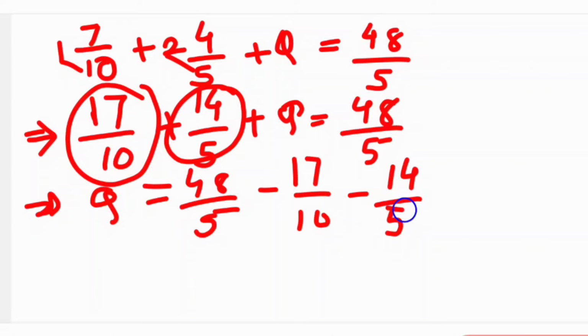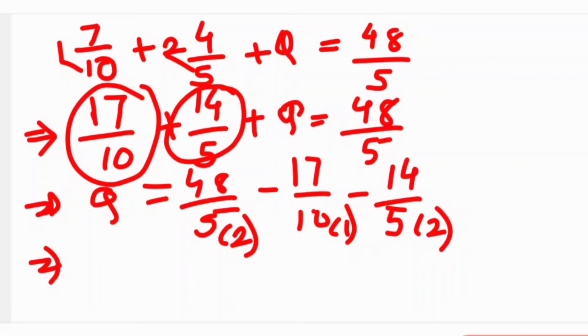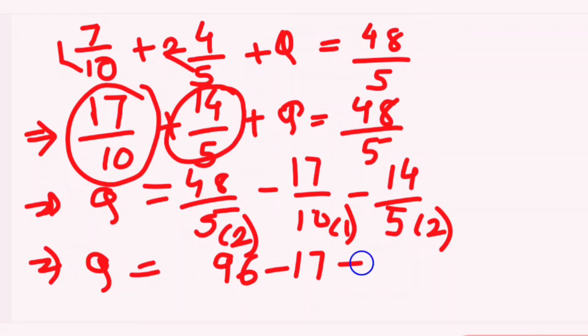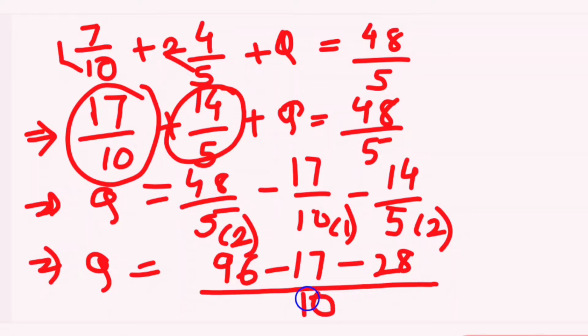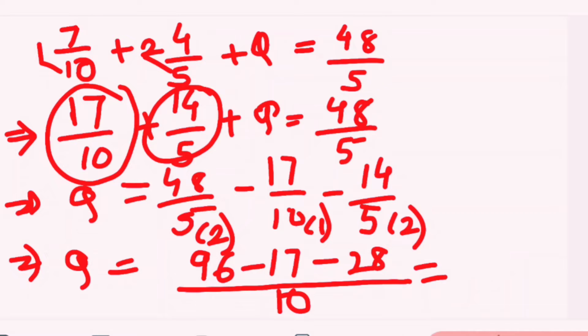Now their denominators are different, so here we multiply by 2, here by 1 and here by 2. So Q is equal to 48 into 2 is 96, 17 into 1 is 17 and 14 into 2 is 28, and by 10. So here 96 minus 17 is 79, minus 28 is 51, so 51 by 10.